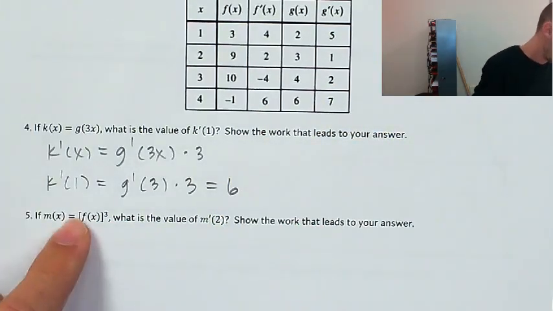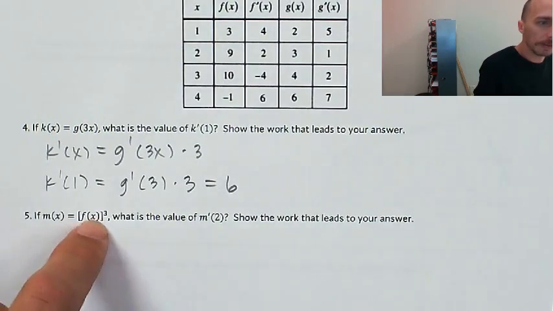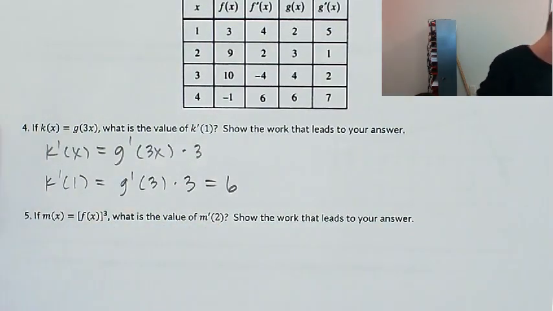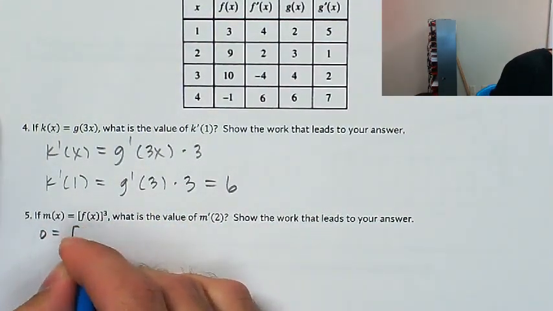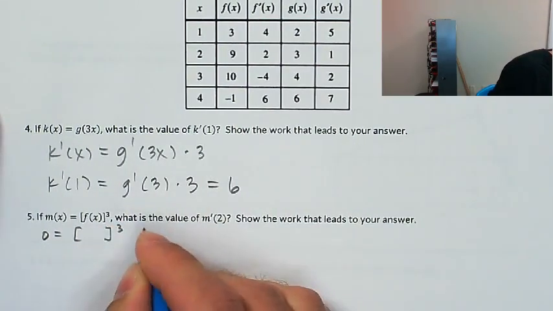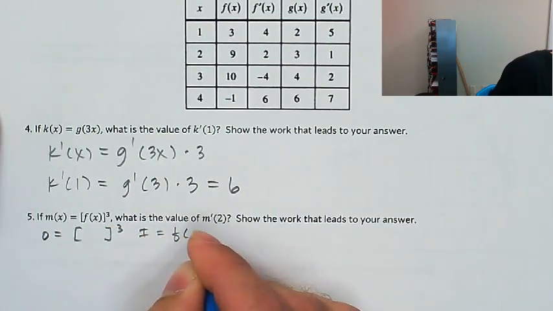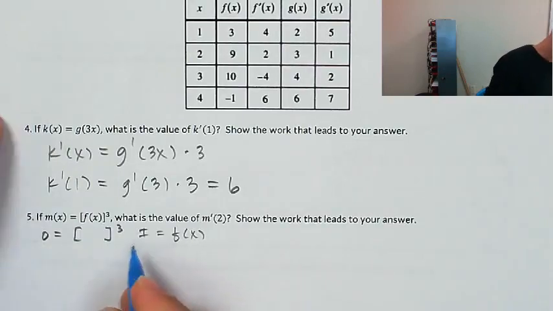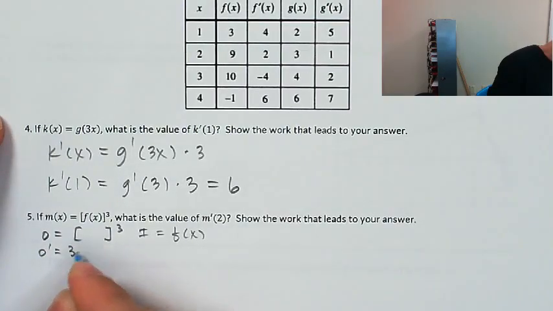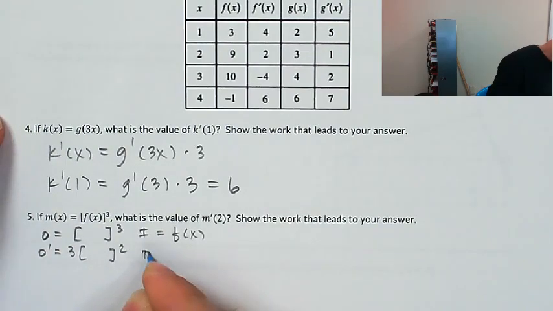All right. And then if m of x is f of x taken to the 3rd power, what's going to be m prime of 2? Well, I'm going to label my outside is that thing cubed, and the inside is f. Okay, we're going to take the derivative of outside, and that'll be 3 times that thing to the 2. And inside prime is f prime.